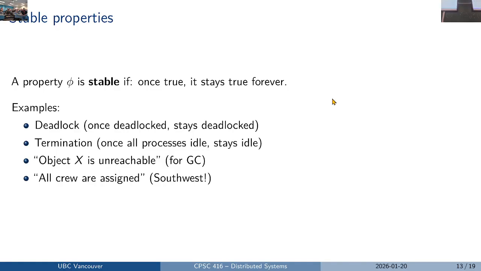And in real-world locking situations, we end up building things like, I need this lock, but I don't want to wait for it. I just want to get it if it's available right now. And if it's not available right now, I'm going to do something different. This is one way of actually building to break deadlocks.